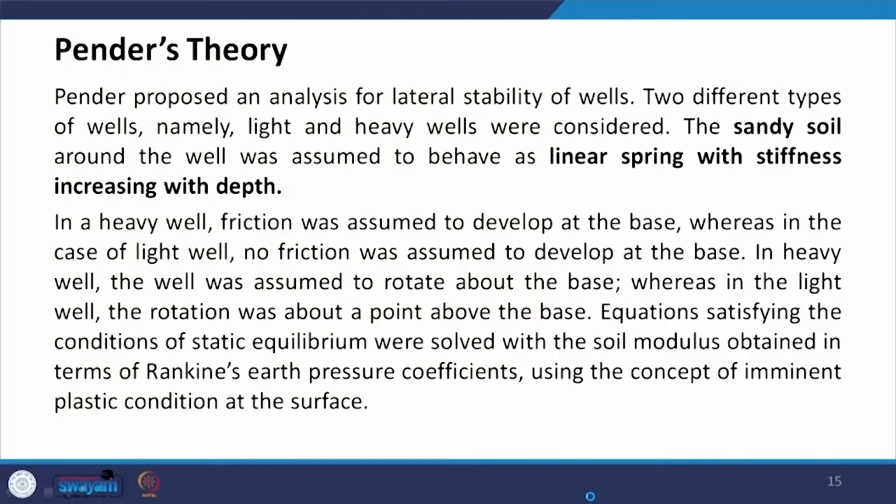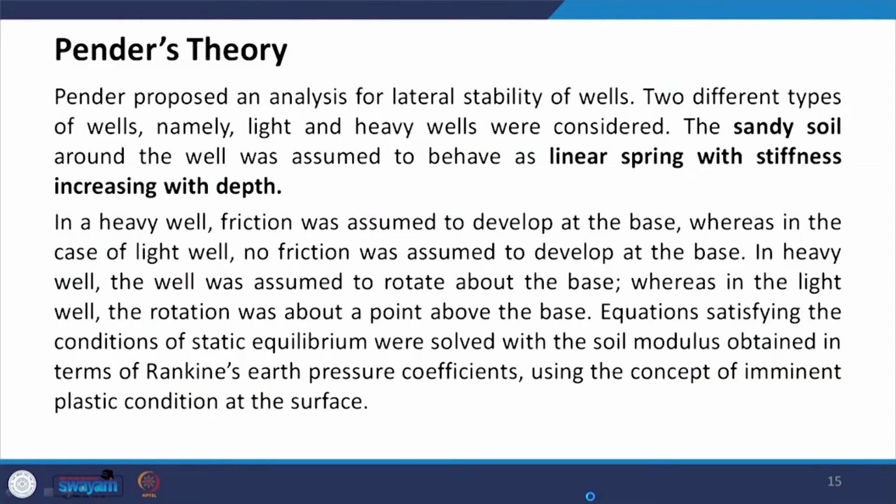It is characterized using linear springs, and it is assumed that the stiffness of these springs increases with depth. In a heavy well, friction was assumed to develop at the base, whereas in the case of a light well, no friction was assumed to develop at the base.